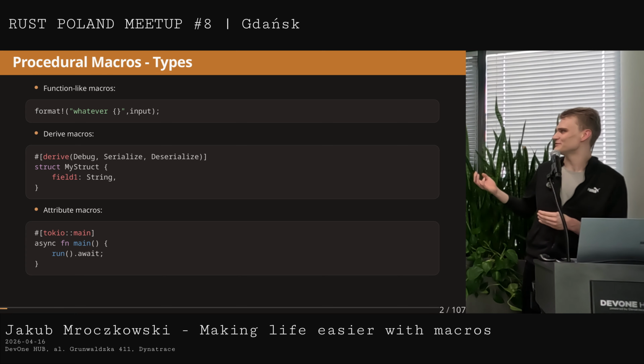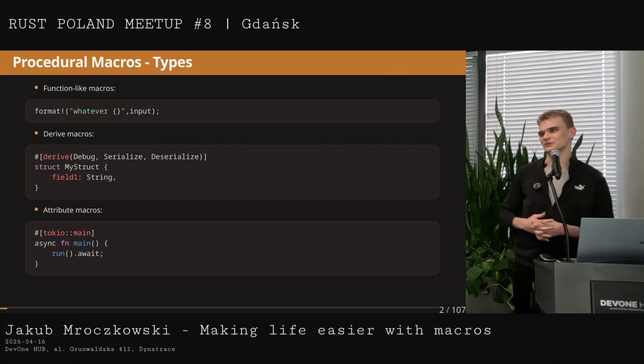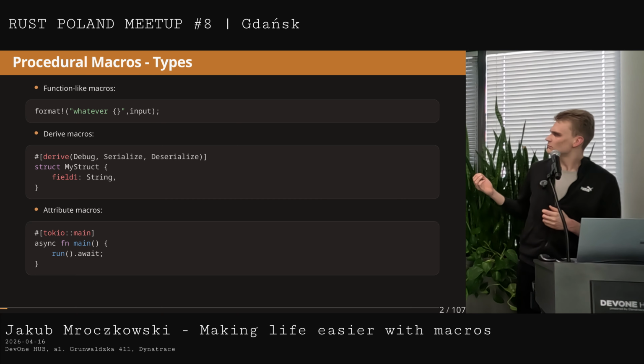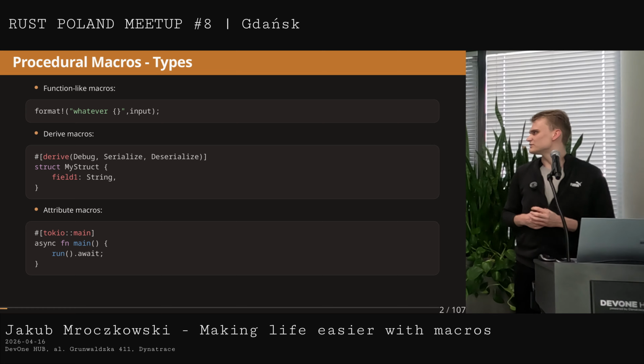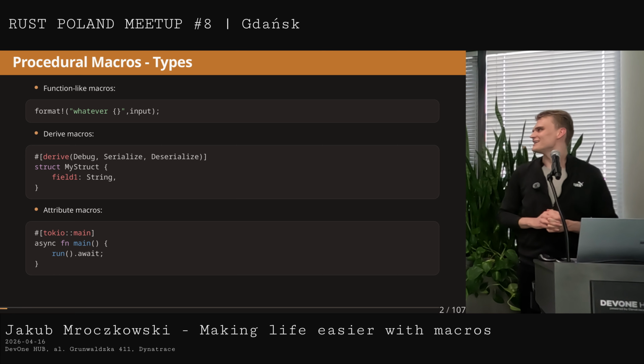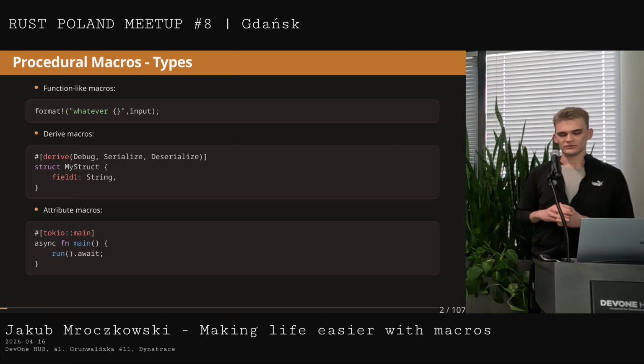You have probably used them before, for example, format, and the commonly used println. Function-like macros use their input and transform it, and the entire macro invocation is replaced with the output generated by the macro.